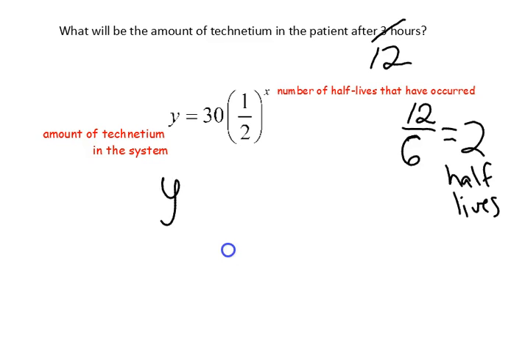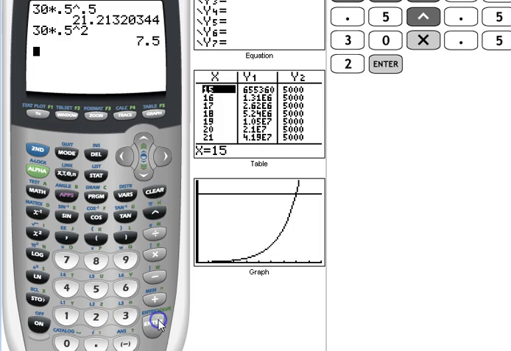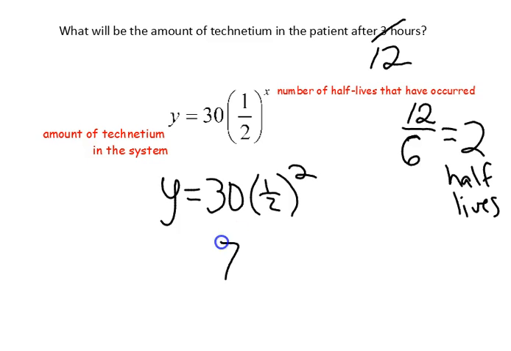So we would plug in a 2 instead. 30 times 1/2, and there's 2 half-lives, so that would be to the 2nd power. And you could just grab your calculator again. 30 times 0.5 squared, 7.5. There would be 7.5 milligrams of technetium in the body after 12 hours.